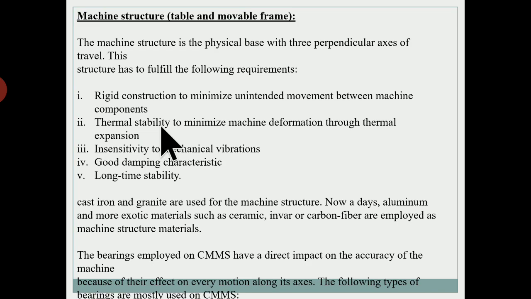It should have thermal stability to minimize machine deformation through thermal expansion, insensitivity to mechanical vibrations, good damping characteristics, and long time stability. Normally, cast iron and granite are used for the machine structure, but nowadays, aluminum and more exotic materials such as ceramic, invar, or carbon fiber are also employed.